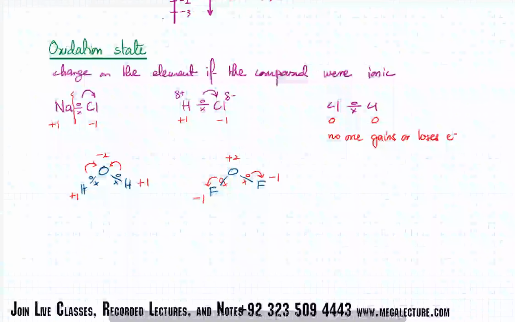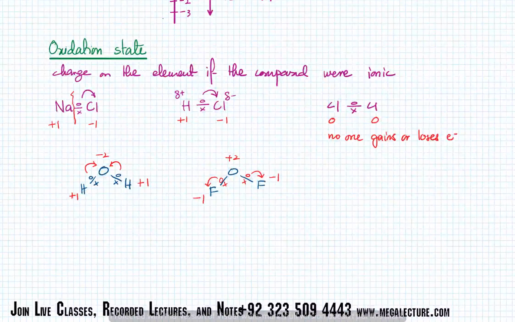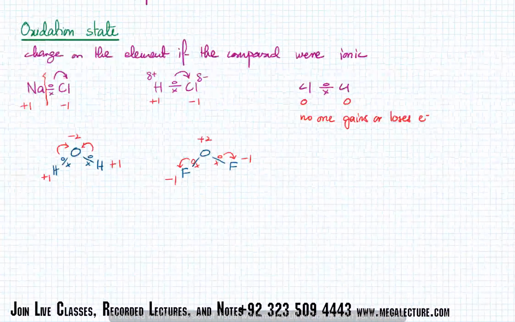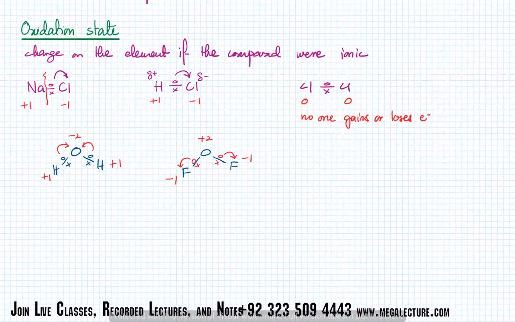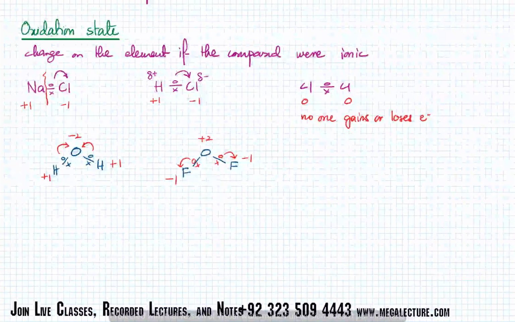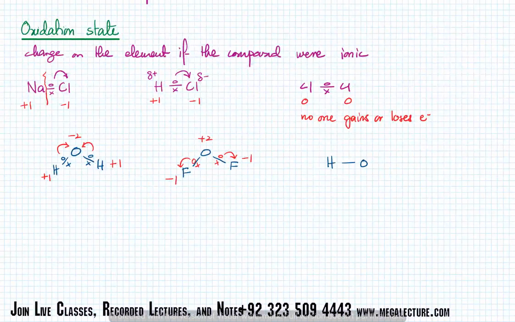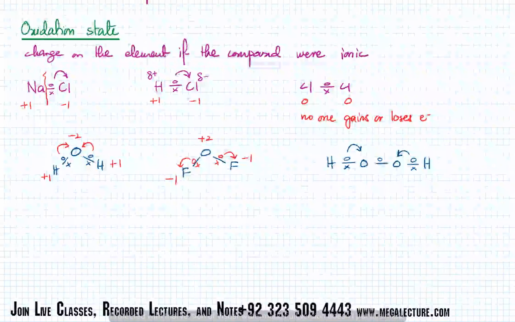Although it's not completely gaining electrons, you treat it as if it's ionic. So these electrons, who's going to gain those electrons? The oxygen. These electrons are gained by oxygen, this one over here. What about the electrons that are in the middle?